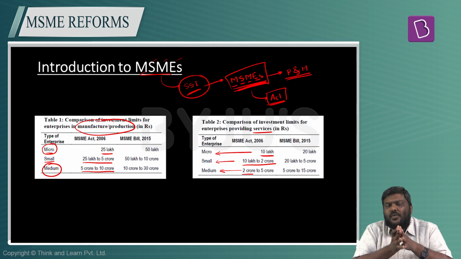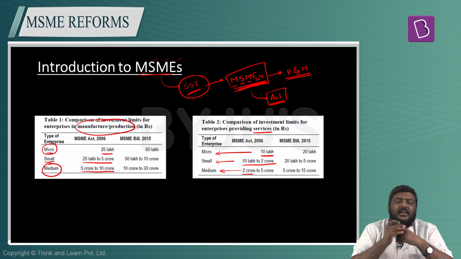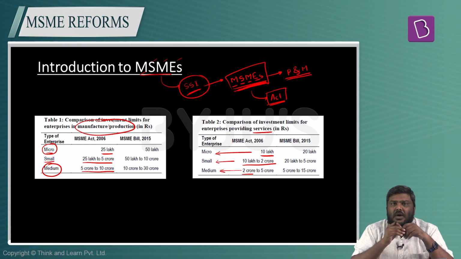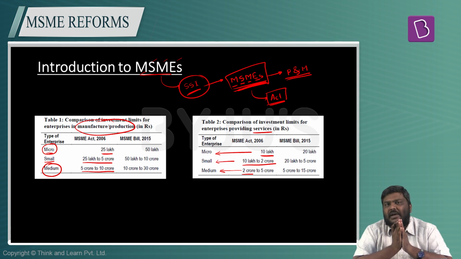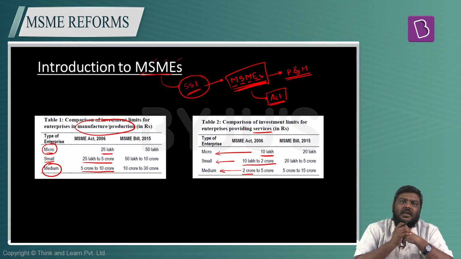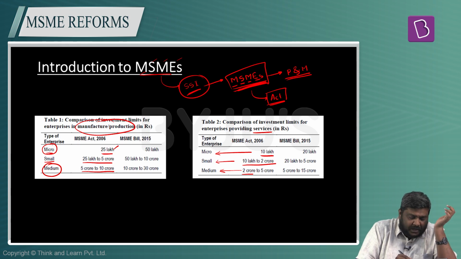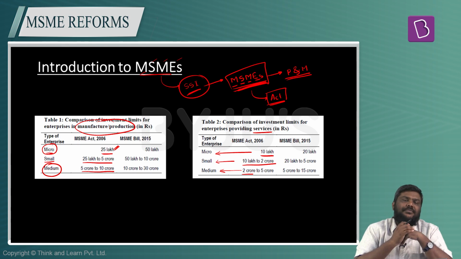Let's say I own a micro enterprise and I want to expand production so that productivity in my factory will increase, employment will increase, the contribution to growth will increase, and exports will also increase. But to achieve all of these objectives, I will have to invest in plant and machinery. And if I invest in plant and machinery, my threshold limit might cross 25 lakh rupees.